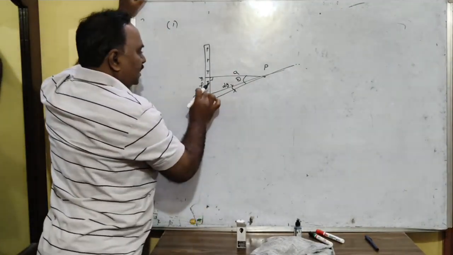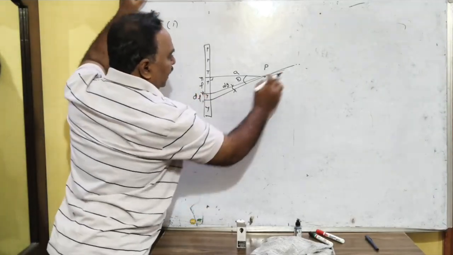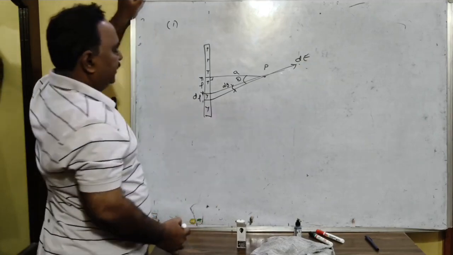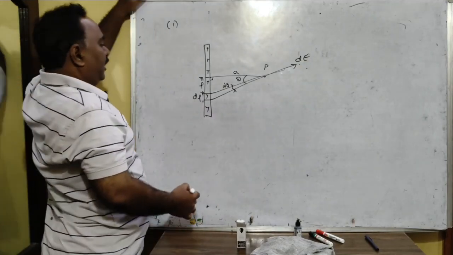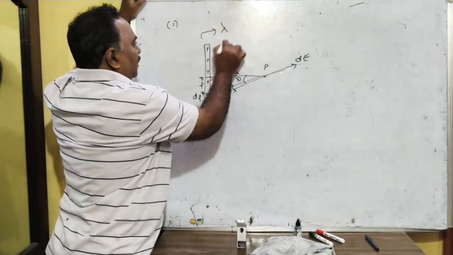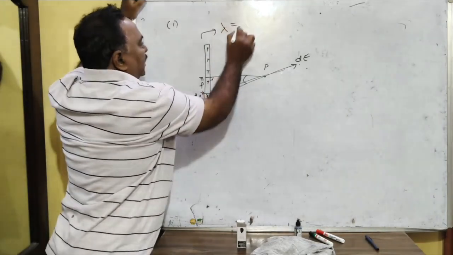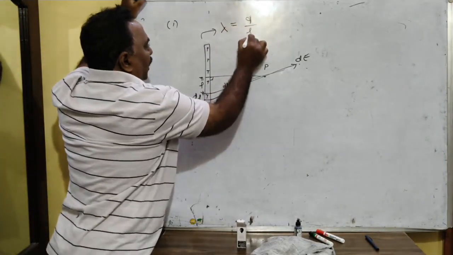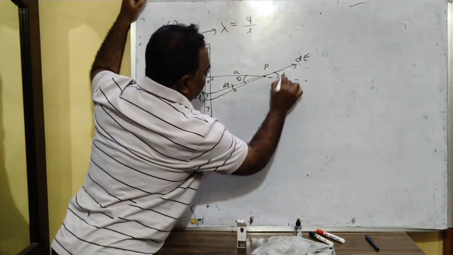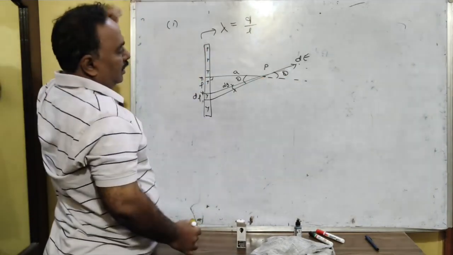So because of this element there is a small electric field dE acting in this direction. Now the linear density of the wire is lambda, which is charge per unit length. So when you extend here, if this is theta, this is also theta.